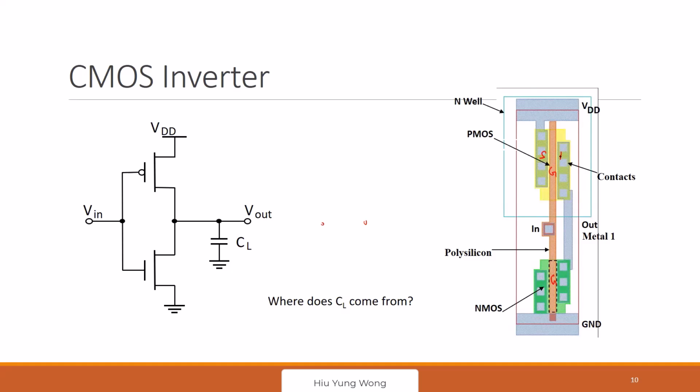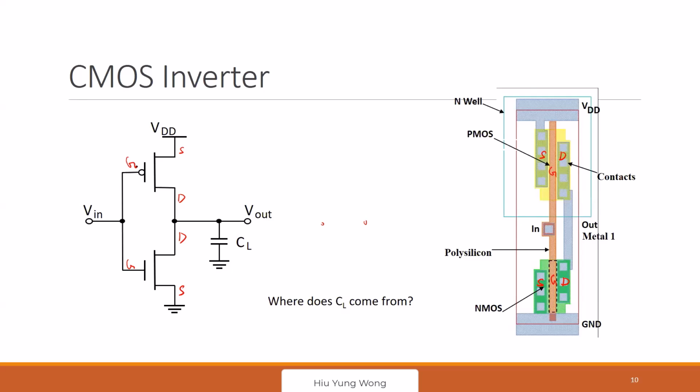This is the source. This is the drain. If you remember, for PMOS, the source is at higher potential. For NMOS, the source is at lower potential, right?